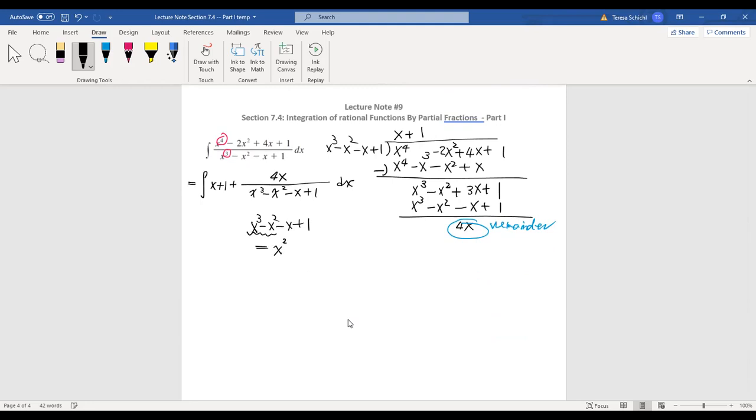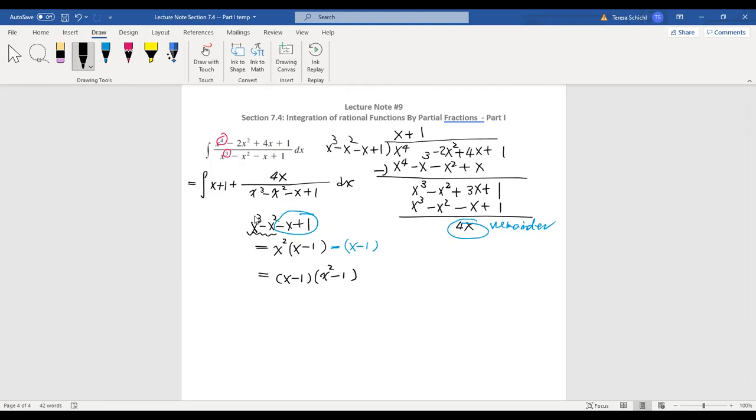Take x squared out, so what is left is x minus 1. And for these ones, I take the negative 1 out, so what is here is x minus 1. Pretty good. So I can factor the x minus 1 out, and this is x squared minus 1.